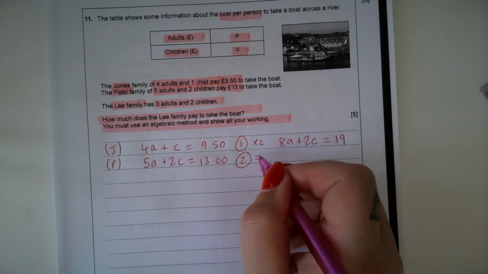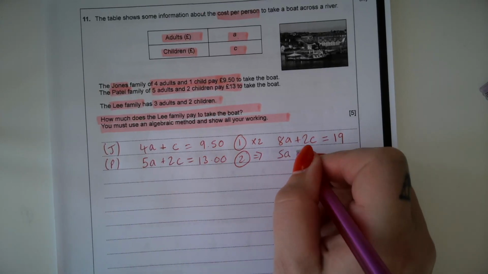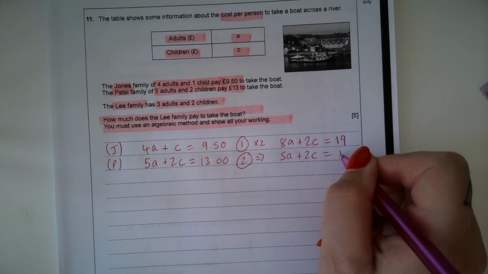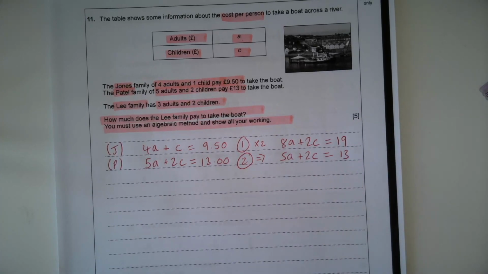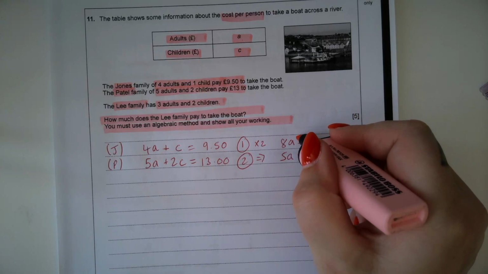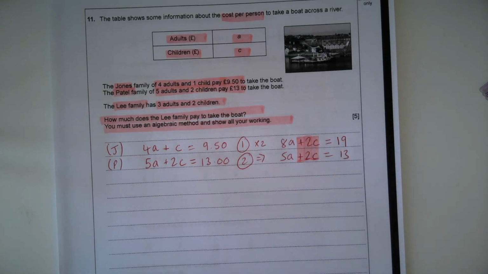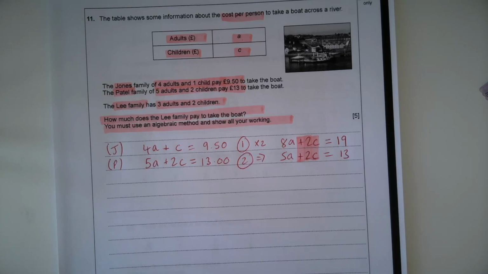I'm keeping equation 2 as it is because I was aiming to match either A's or C's, and I've managed to match the C's. It doesn't matter if the signs don't match, it's the coefficient that's important.